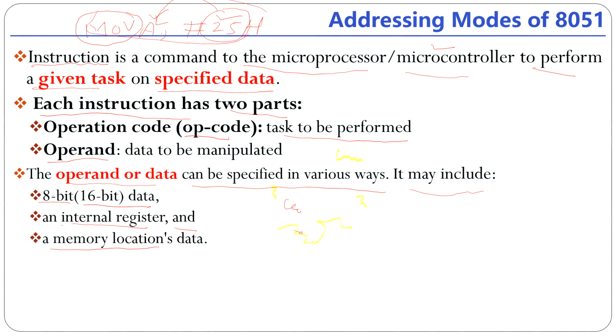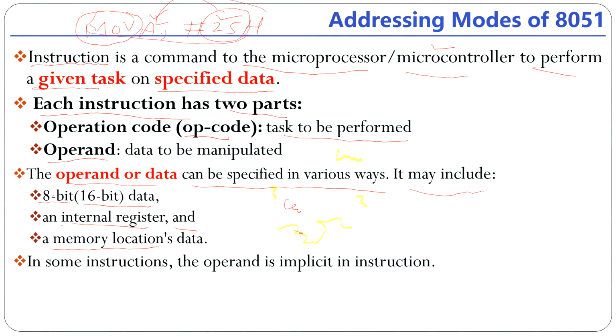Okay, these things can be done in this case. Now in some instructions the operand is implicit in the instruction, right?